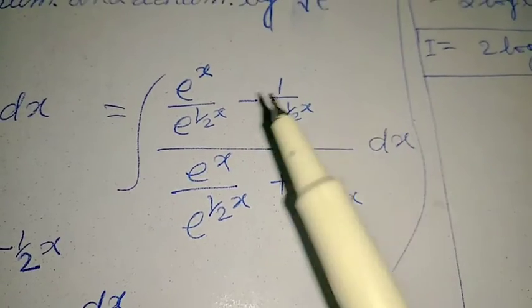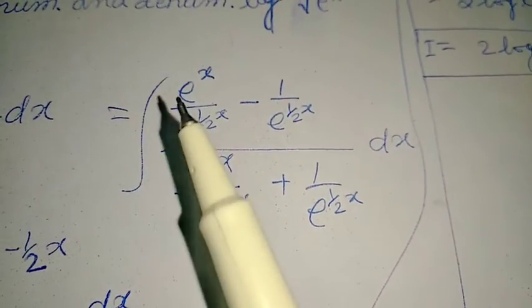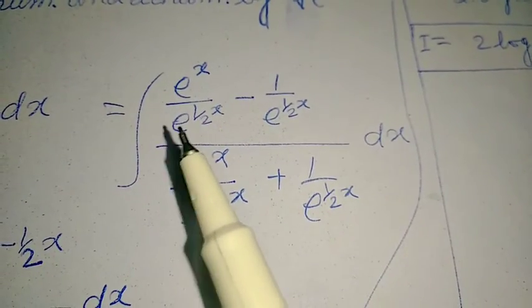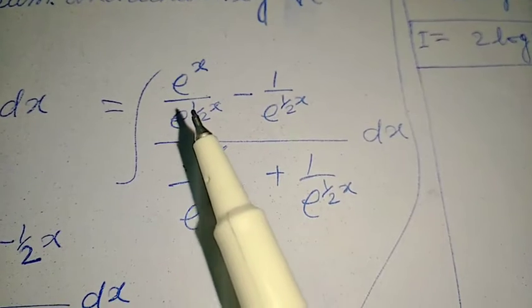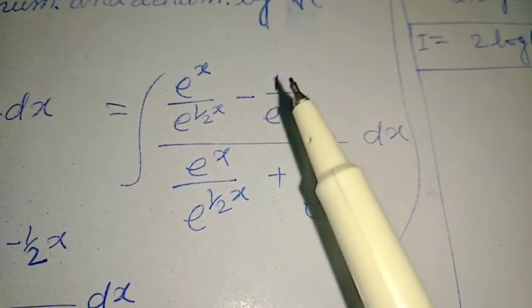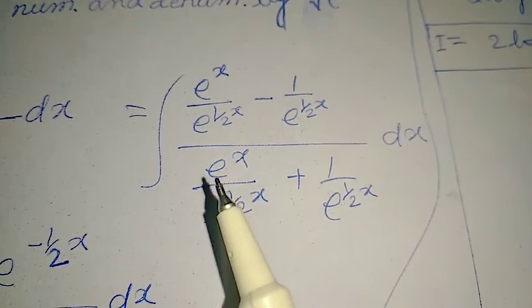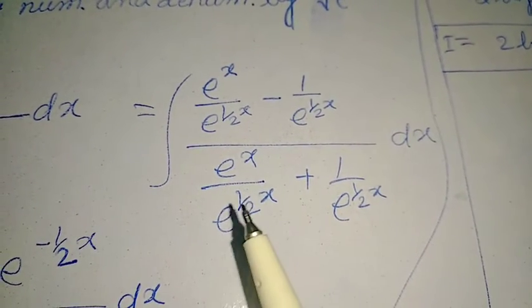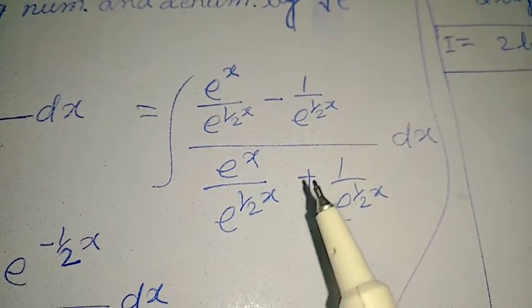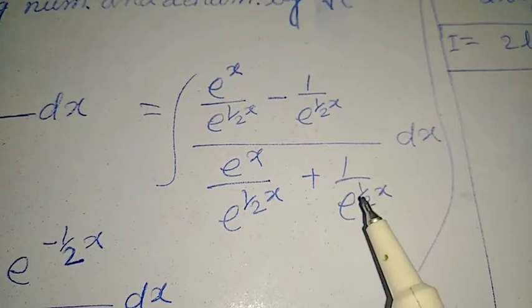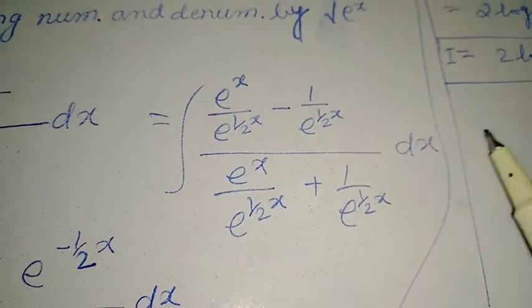So which is integration of e to the power x upon e to the power half into x minus 1 upon e to the power half into x upon e to the power x upon e to the power half into x plus 1 upon e to the power half into x into dx.